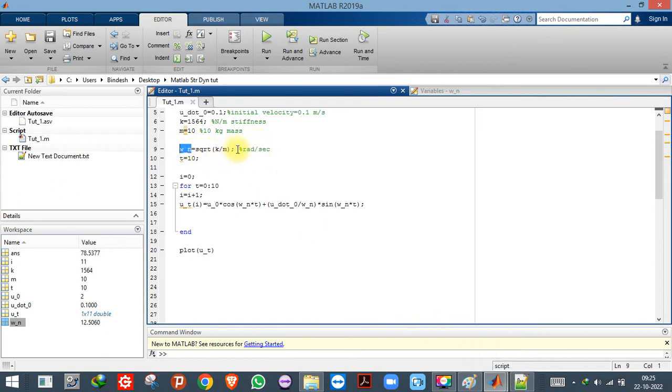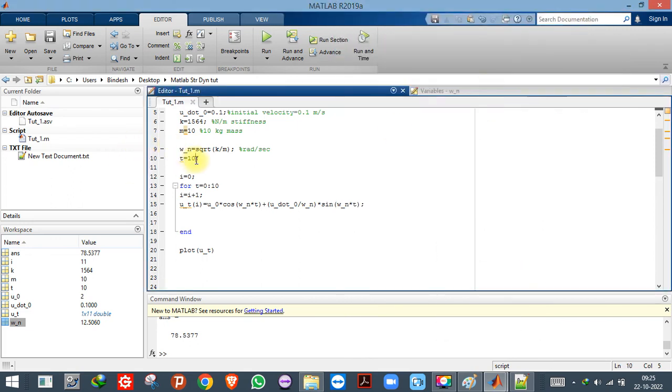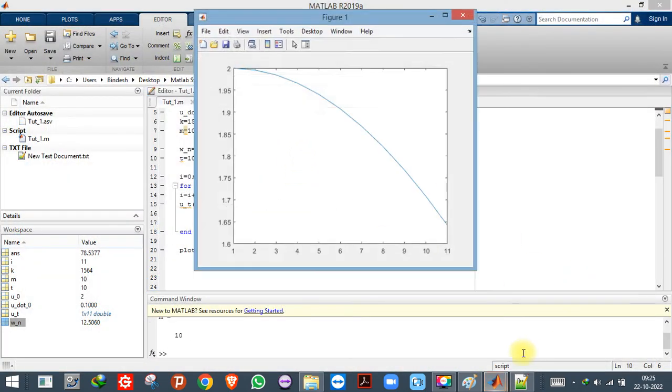Now if I want to get cycles per second, I have to convert to cycles per second to know how many seconds are required to get 1 cycle. Here it has not performed 1 cycle, it has simply gone down. Now if I increase the time period to 100, you'll see a different scenario.